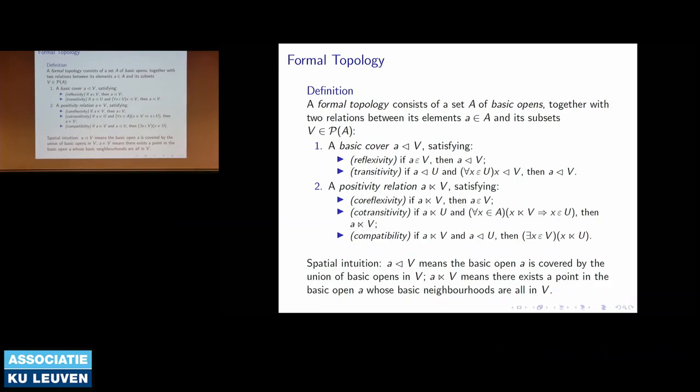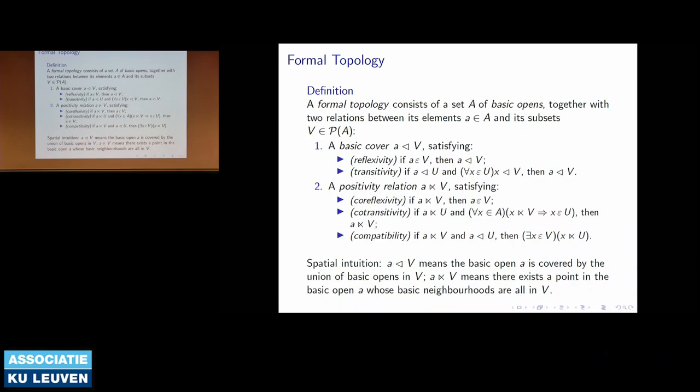Okay, so what is a topological space in this framework? Indeed, it is just a set whose elements are thought of as basic opens, and two relations between basic opens and families of basic opens. The two relations are called basic cover, A covered by V, and positivity relation, A fish V, because it resembles a fish, that's all.